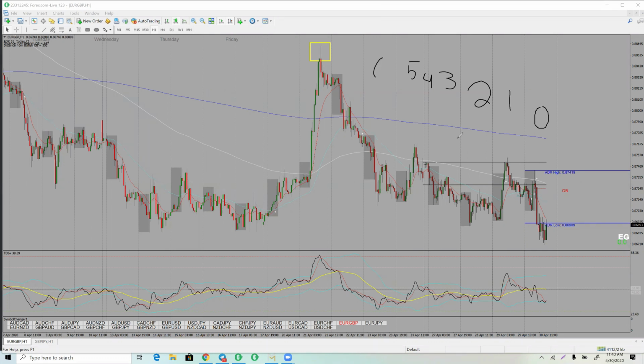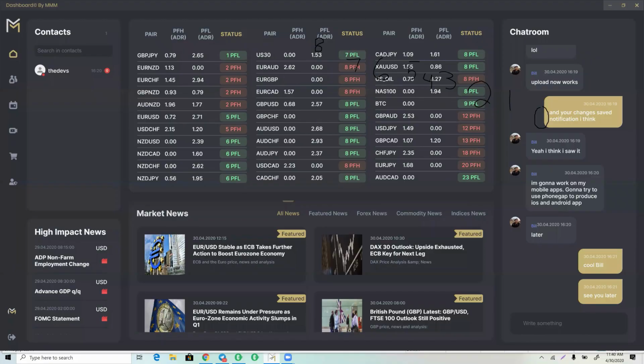Then 5, 6, 7, and 8 right here. So this right here would be our peak formation high. As you can see, peak formation high, and the 3.68 ADR from the peak formation high.